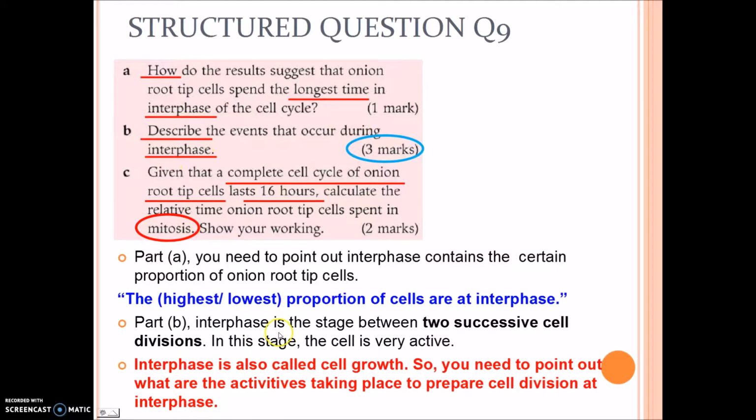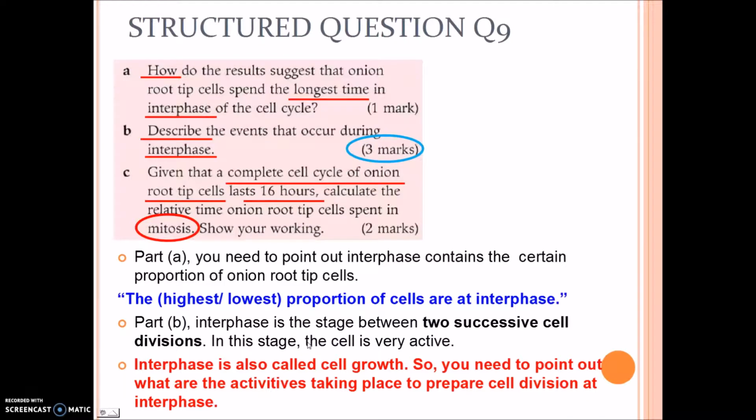For part B, describe the events that occur during the interphase, 3 marks. The point is that interphase is the cell growth phase. The cell is very active, growing bigger. But what are the activities taking place in the interphase? Some activities are to prepare for cell division, because interphase is the stage between two successive cell divisions. You can find it in the textbook.